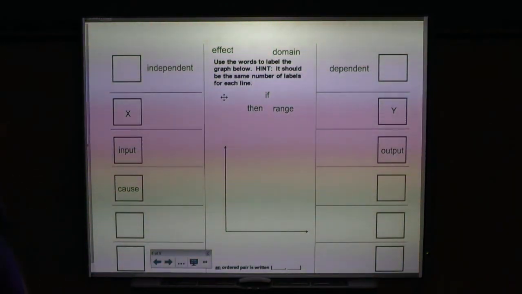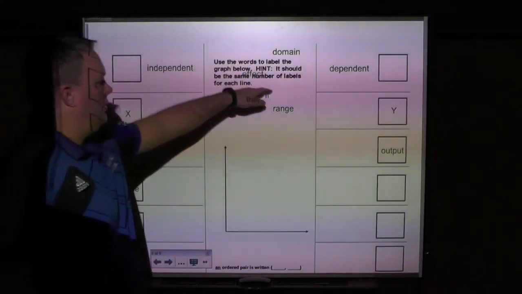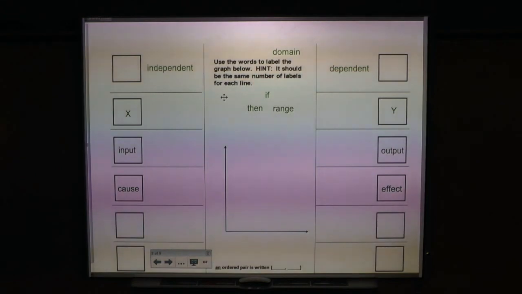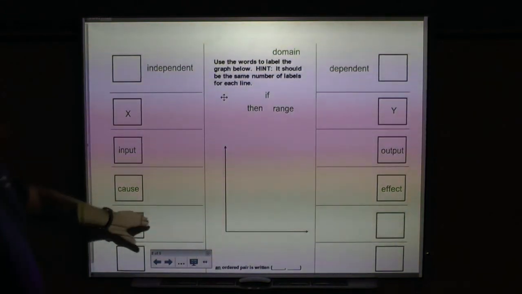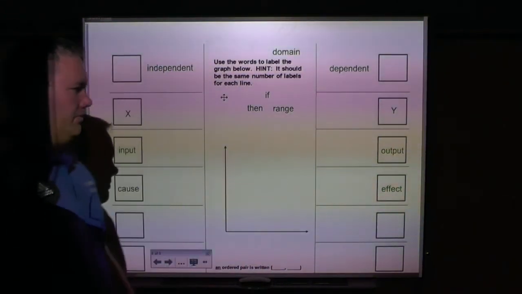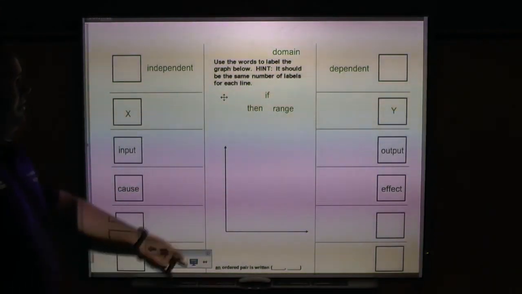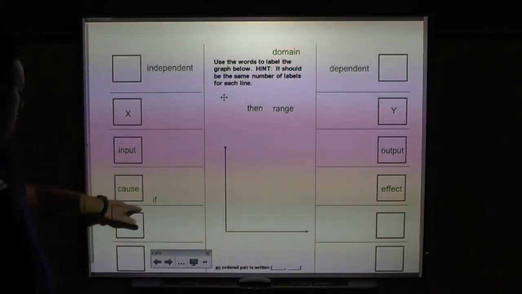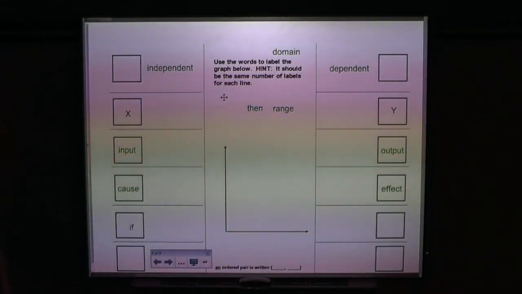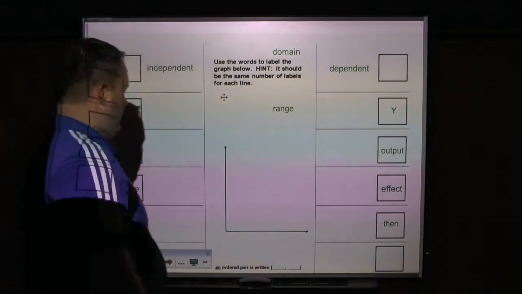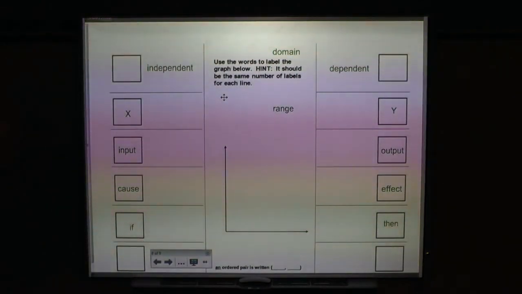You have a cause, it creates an effect. Cause and effect. Cause is your independent variable, effect is your dependent variable. So you have to know the cause first before you can figure out the effect. If something happens, then something else will happen. So, if and then.